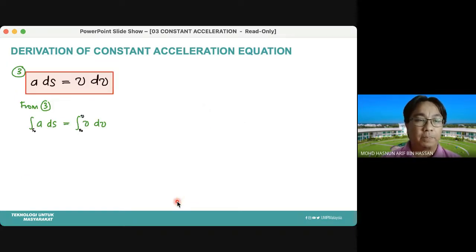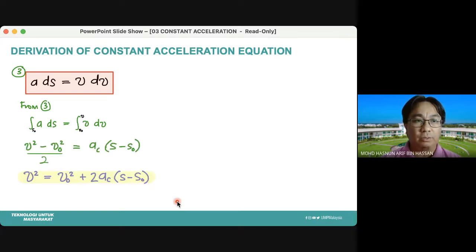And finally, from equation number 3, we can derive another relationship, and in this case, it is the relationship between velocity, acceleration, and the displacement. So there is no time involved in this equation. Whenever you have a problem where the information given to you is, for example, the acceleration and the displacement, and no time is given, you can use this equation.